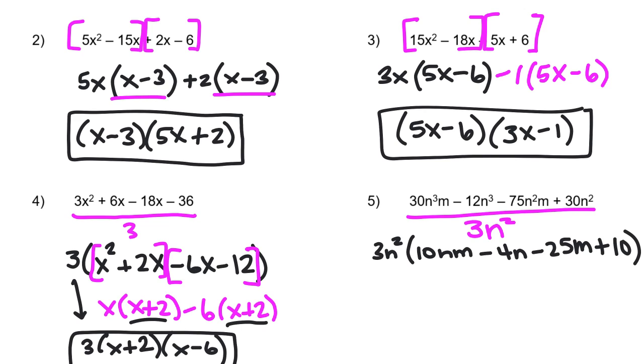So if I group the first two terms together, these have a common factor of 2n. Group the second two terms together, we have a common factor of -5. And I am factoring out the negative with it so that I get the same signs as the 5m minus 2 in parentheses before.